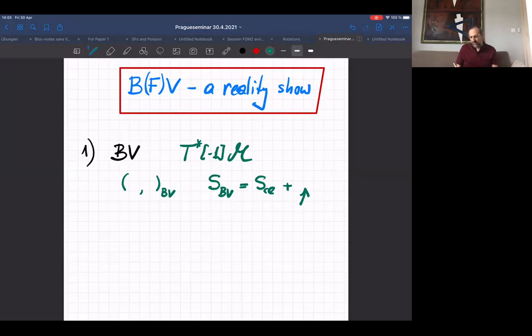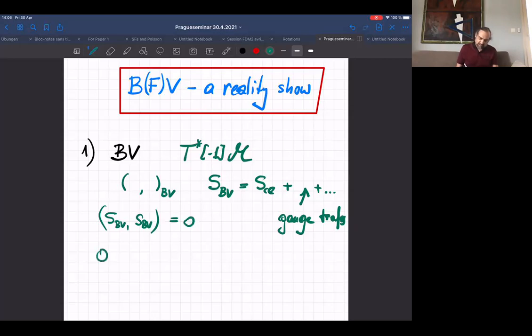So the momenta are called antifields, and there are higher extensions such that there's the master equation, which is that S_BV with itself in this bracket is 0, which means that its Hamiltonian vector field Q_BV is a differential.